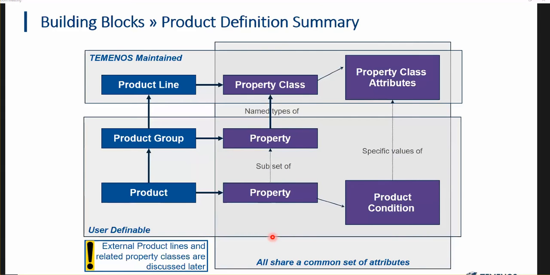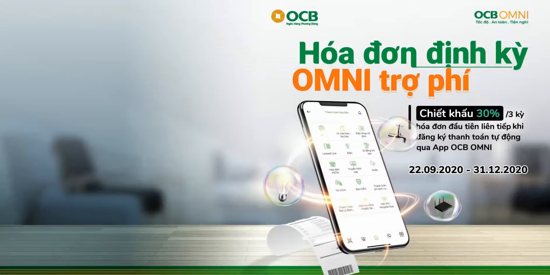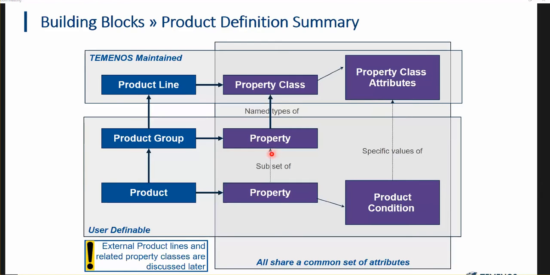Are we good? So the property classes are a subset of those in the group. And the properties I include in the product can be a subset of the properties in the group. In the group, I might have 15 properties: 10 mandatory, 5 optional.